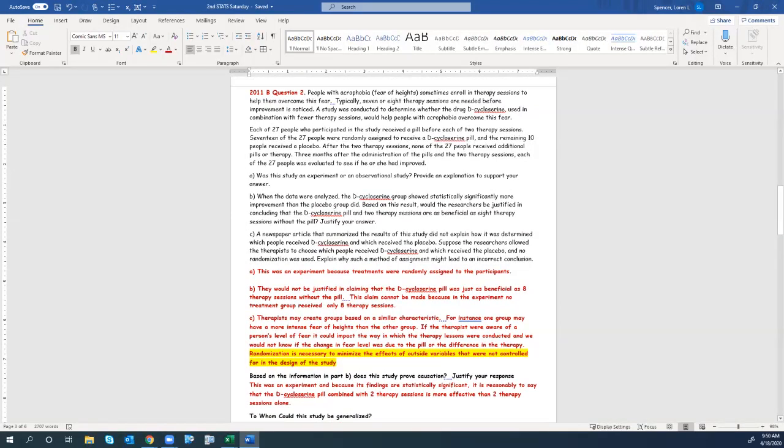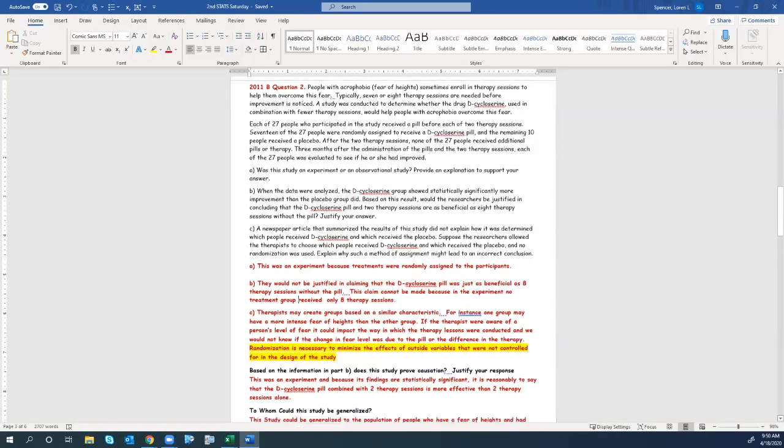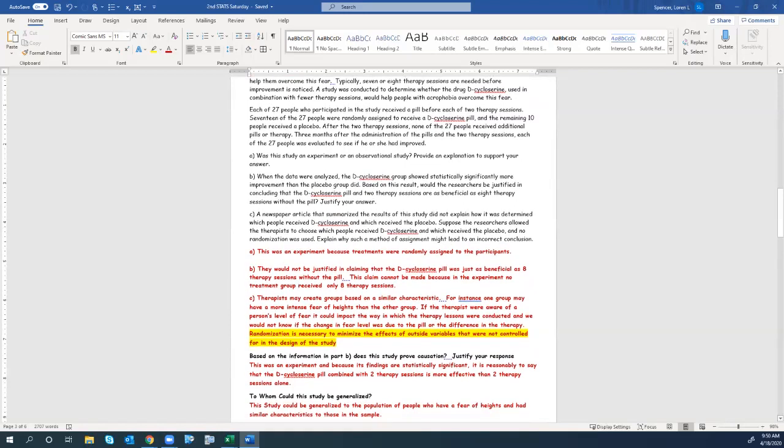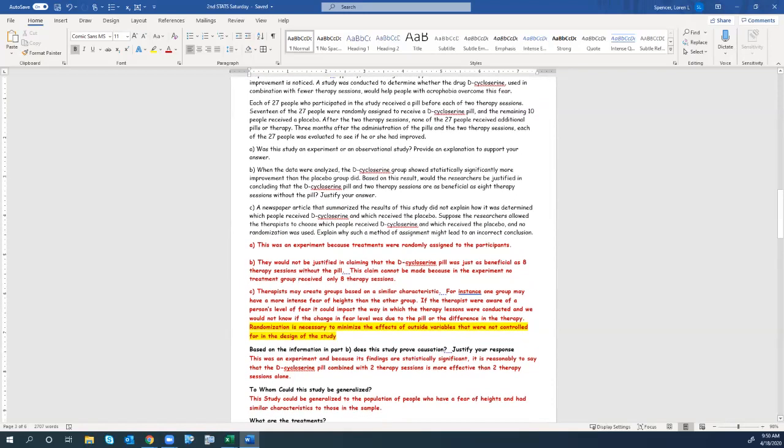We're generalizing to some larger population. So in this case, the study can be generalized to the population of people who have a fear of heights and had similar characteristics to those in the sample. All right? And please remember, that's always the case. When we do a study, we can generalize it to those other people that are similar.